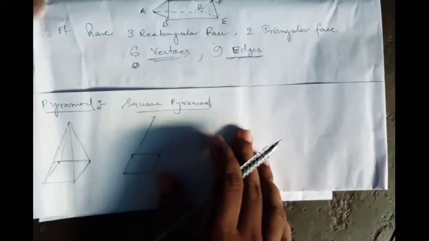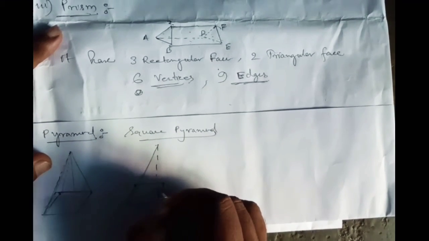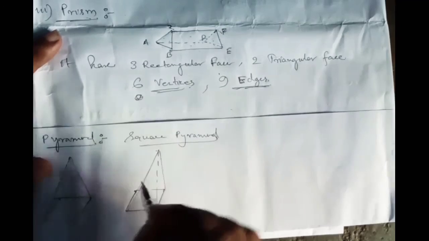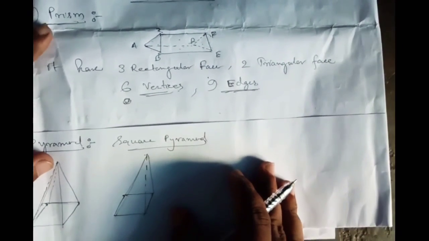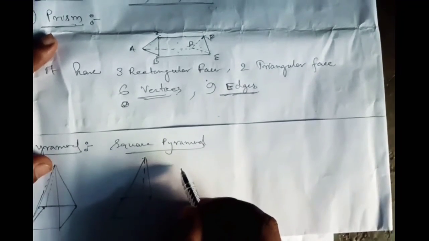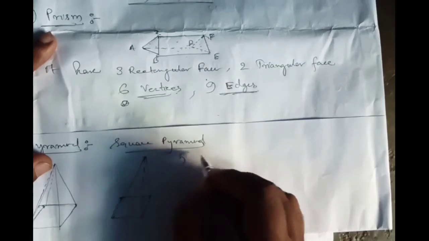So a pyramid whose base is a square is called a square pyramid. Now it has 5 vertices, 1 2 3 4 5. So 5 vertices.